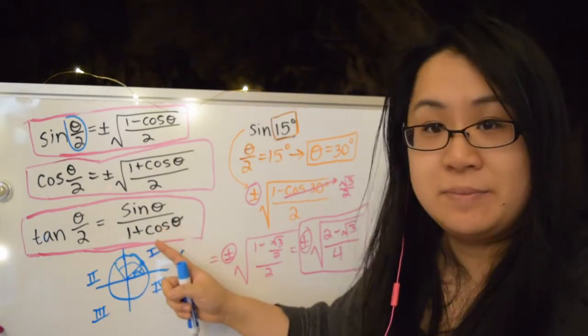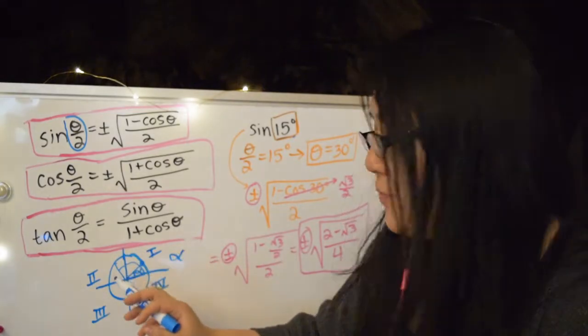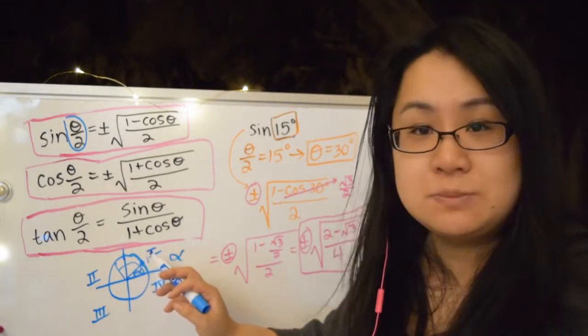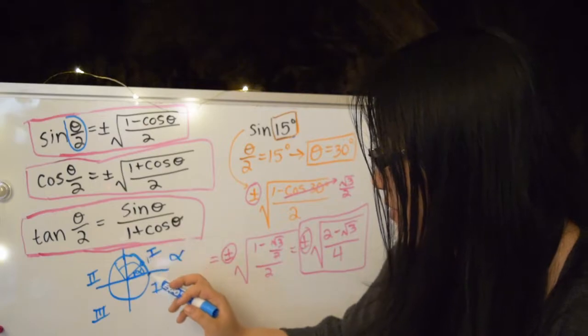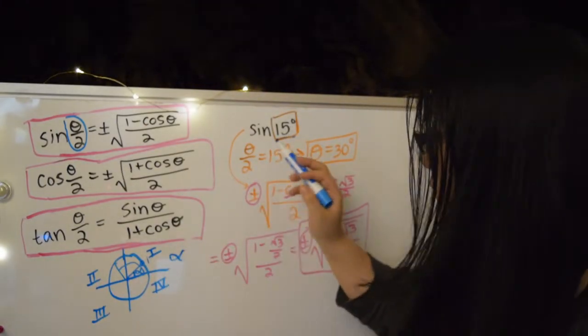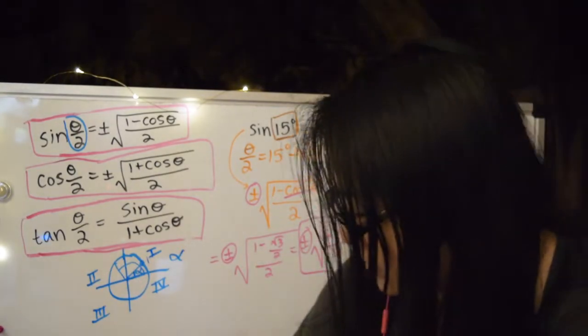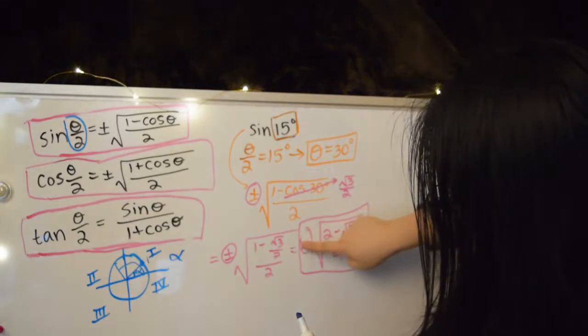You're going to the right and up, right? So positive, positive, which means cosine of any angle in quadrant 1 is positive and sine of that angle is positive. So sine would be positive for sine 15. So we just take the plus, which means that we don't need to worry about this minus anymore.